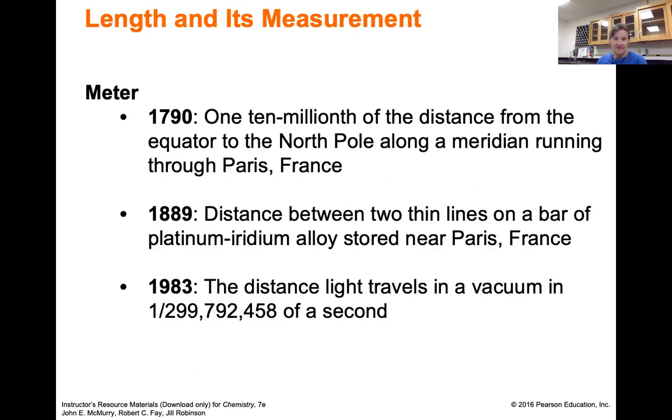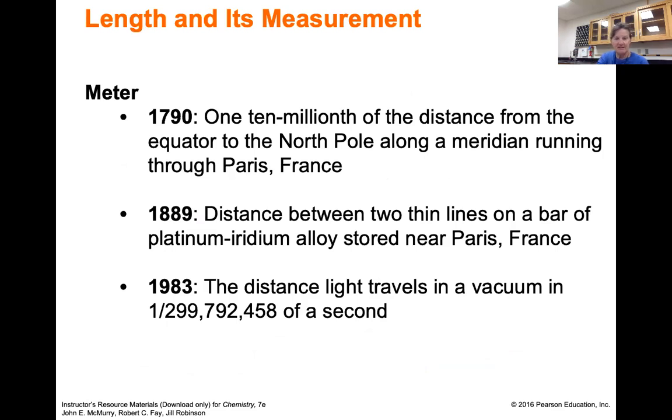So a meter, this just gives you some idea. 1790, 1/10 millionth of the distance from the equator to the North Pole along a meridian running through Paris, France. Kind of random, but just starts you thinking about what a meter is. Each of these you can look at.